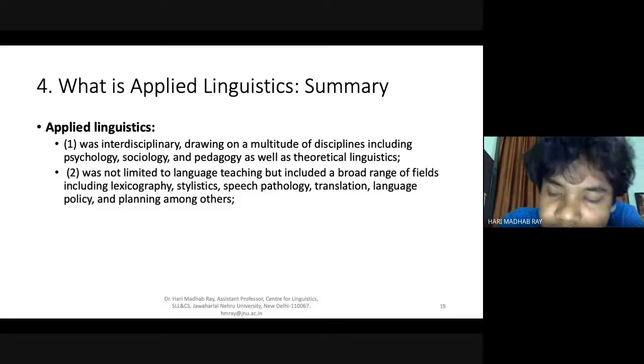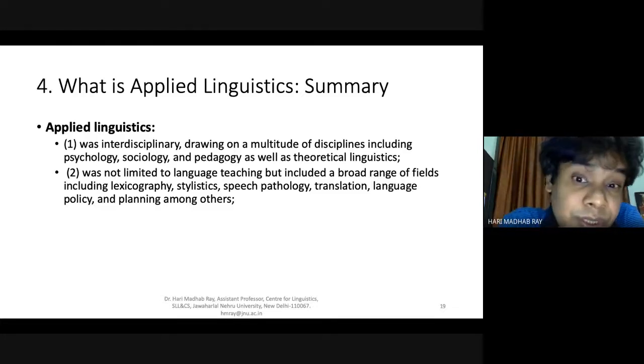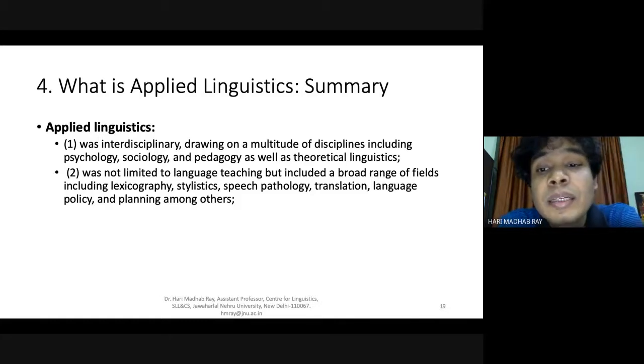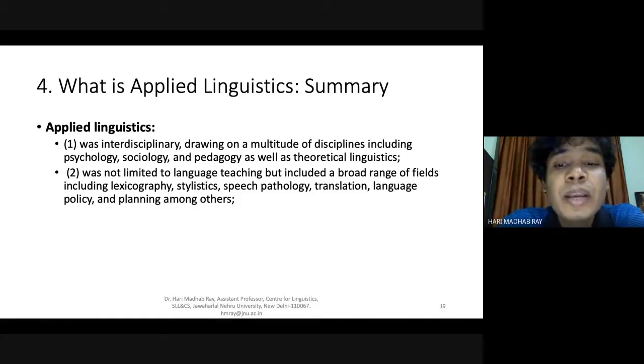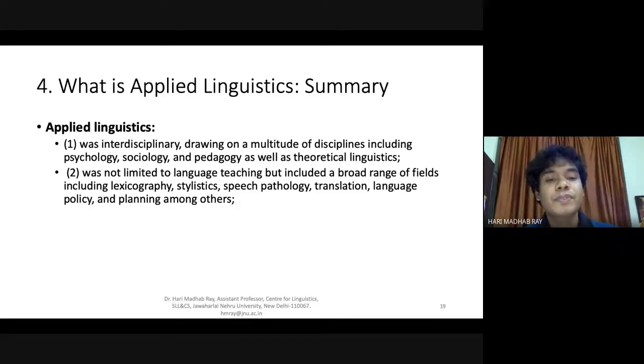What exactly started somewhere in the 1940s, started with language teaching or second language teaching for that matter, and not limited to language teaching, but included a broad range of fields, including lexicography.